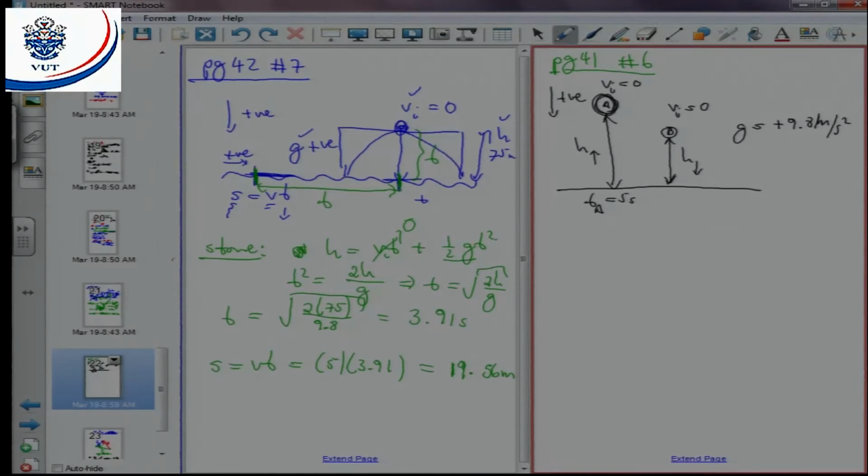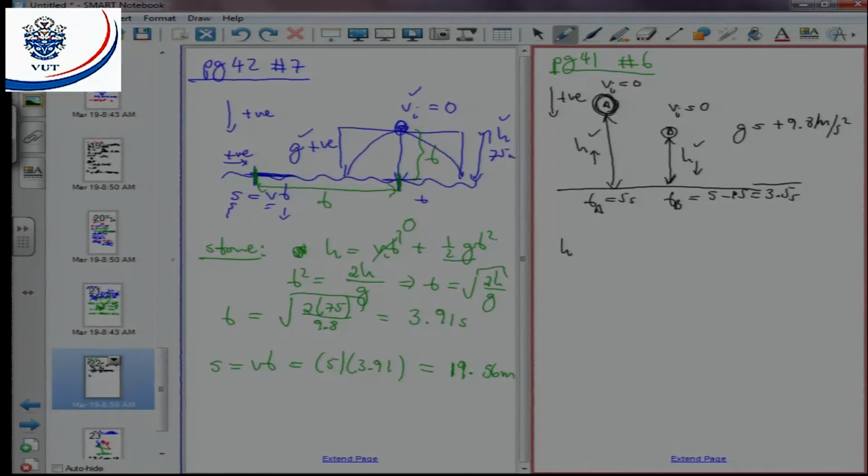But B is released 1.5 seconds later, so tB takes 1.5 seconds less: 5 minus 1.5, which is 3.5 seconds. That's the time it takes for B to reach the ground.